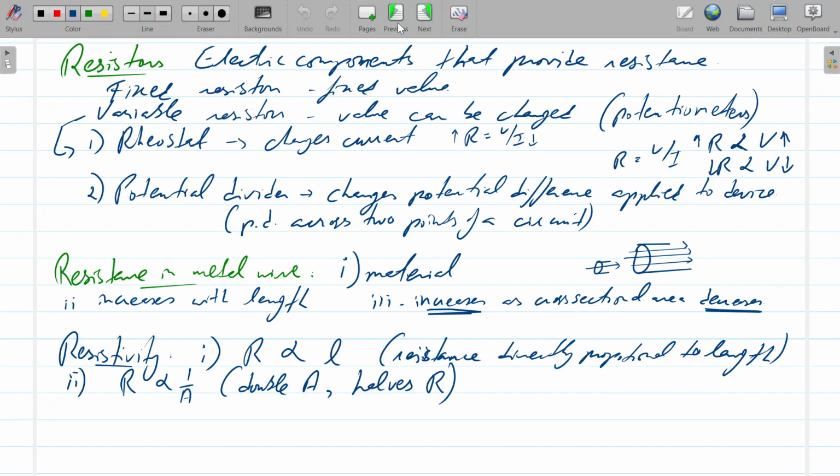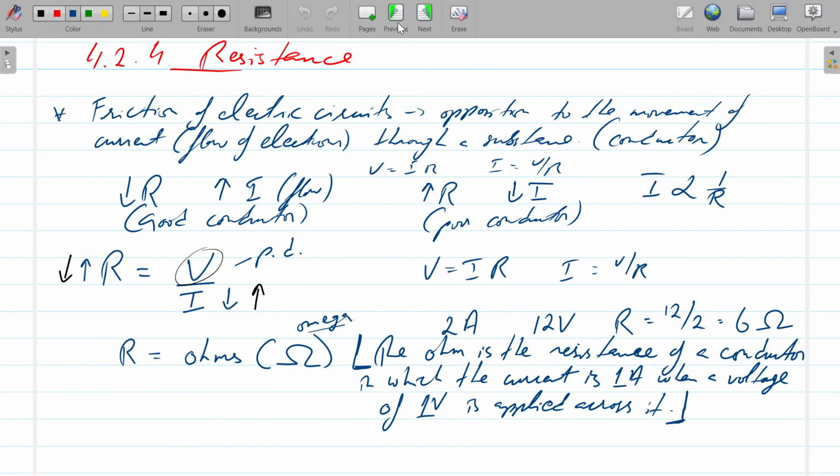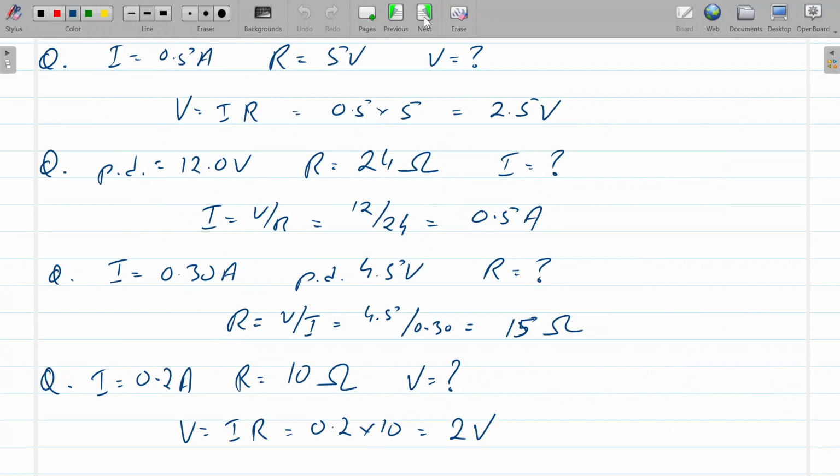Okay, so the last time we started talking about resistance, that's unit 4.2.4, and resistance, as the name implies, is the resistance to the motion of electrons or to the flow of charge in a conductor, right? Now, the reason why resistance happens is not something I covered the last time.